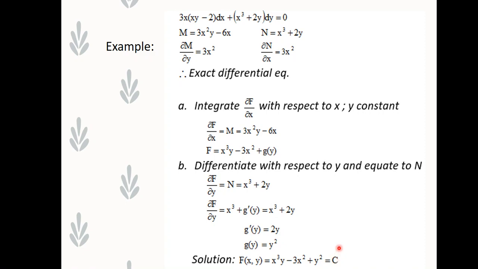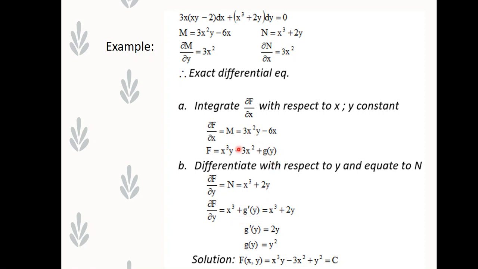So if I will summarize, method 2, test first. So partial derivatives of m with respect to y should be equal to partial derivative of n with respect to x. After testing, integrate the m expression with respect to x. So you have the answer already. Replace the arbitrary constant of integration c by the g of y. The next thing you do is the answer that you got in A, you will partially differentiate with respect to y. That's done here.